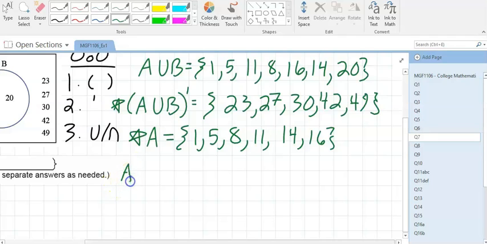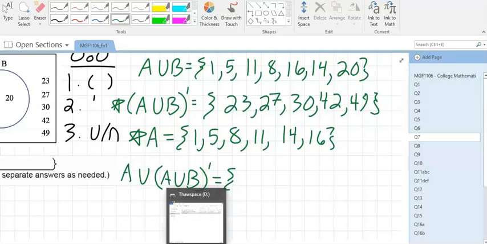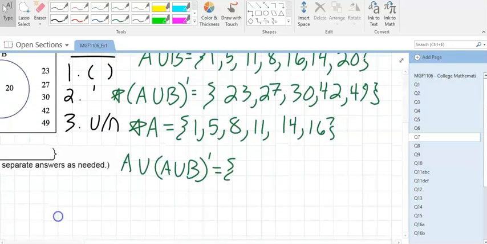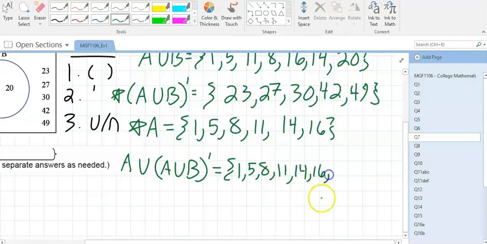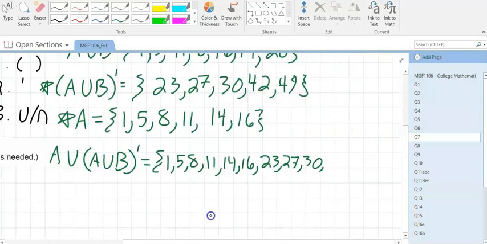So what are all the numbers we're going to list in the union with the complement?